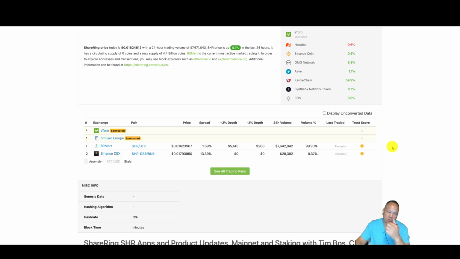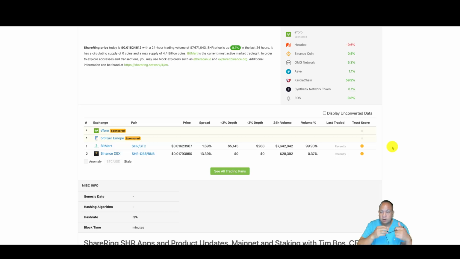So people are asking, well, what's the difference? Binance DEX is Binance Decentralized Exchange, so there's no KYC. KYC is basically know your customer. So you have to identify yourself in order to do withdrawals. That is required on Bitmart. On Binance DEX, you don't need KYC.